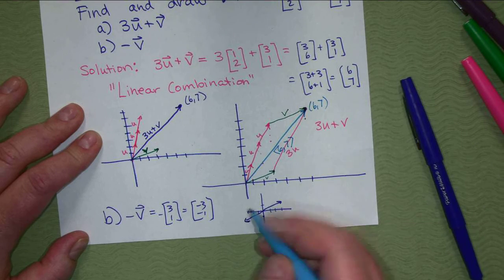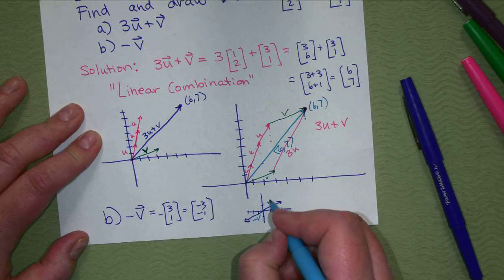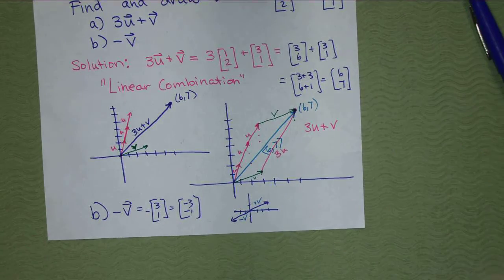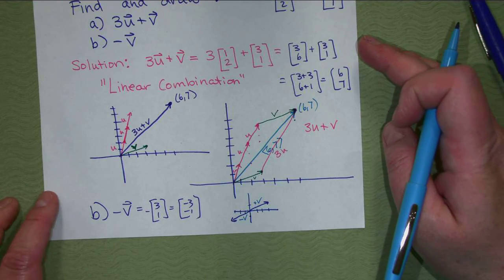Minus v goes in the opposite direction from v, but if you had a ruler, they would be on the same line. Okay, so that's what that does.